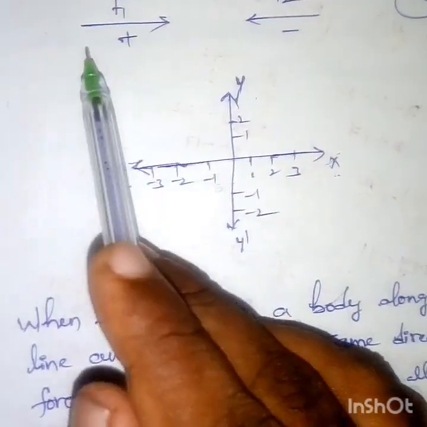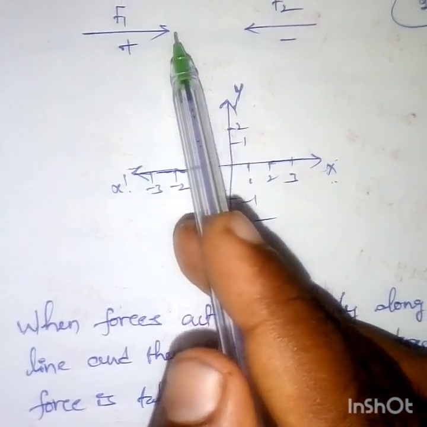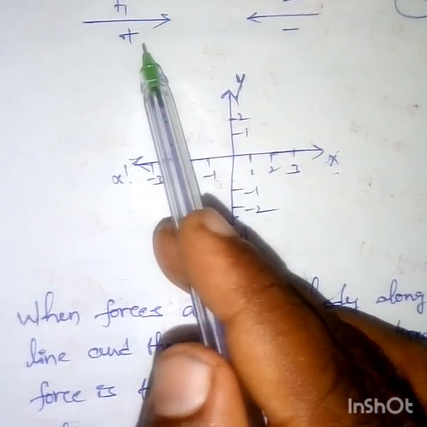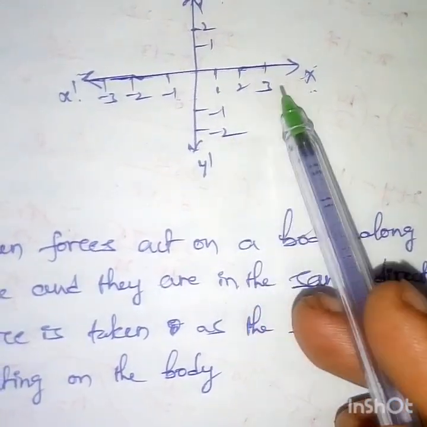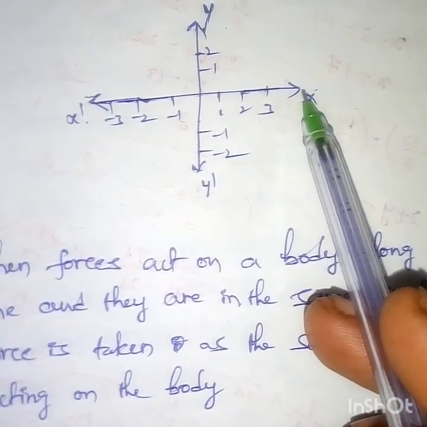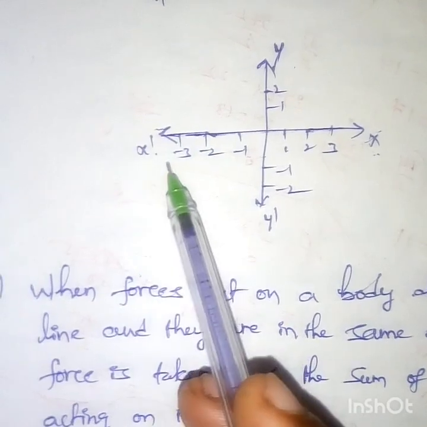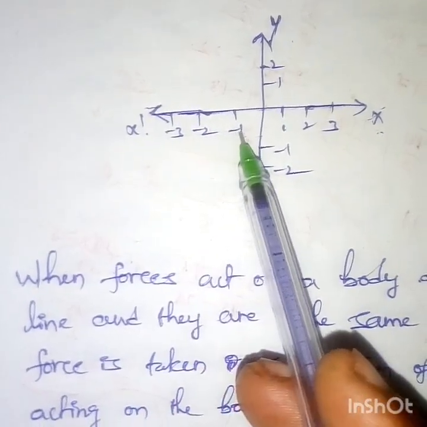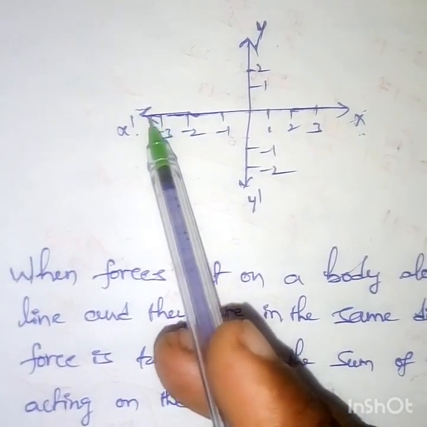So if a force acting on your body is directed to the right side, it should be taken as positive, because positive values are taken on the x-axis, directed towards the right side. Similarly, on the x-dash axis we take negative values and it is directed towards the left side.